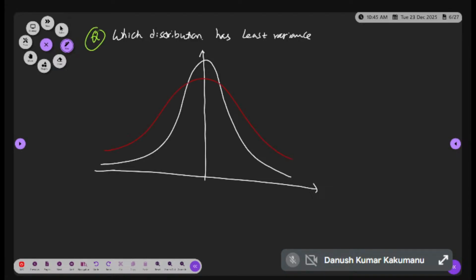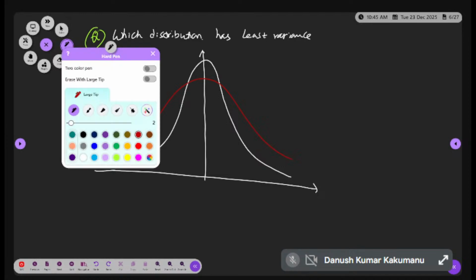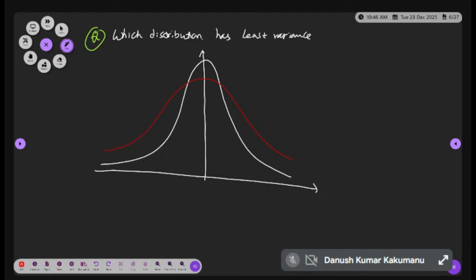The second graph. Yes, tell me, of these three distributions, which distribution has least variance? Which color? White, red, and this one green.